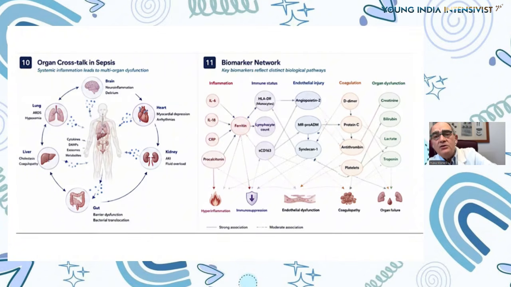And when the coagulation is established, the classical pathway of the coagulation and the classical hallmarks, the classical biomarkers can be looked at, like the D-dimer, protein C, antithrombin, platelets.